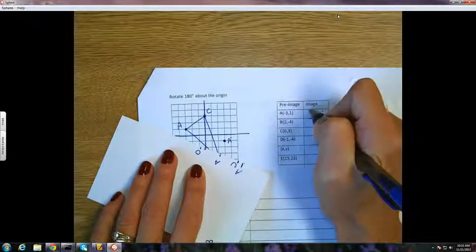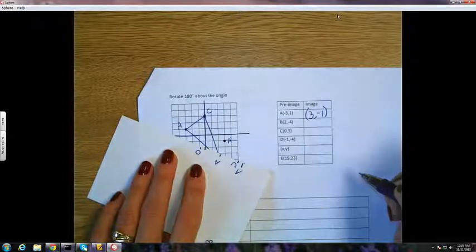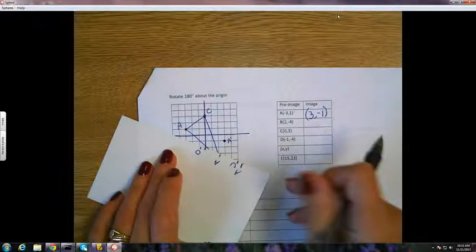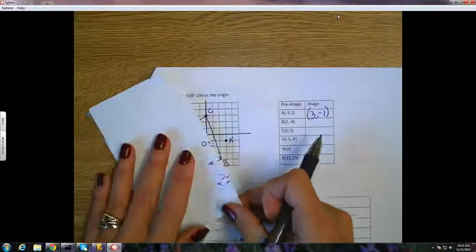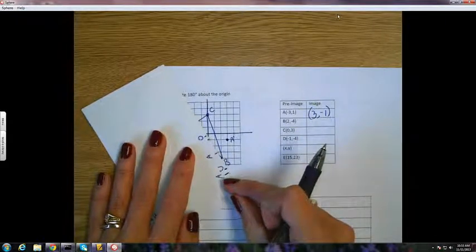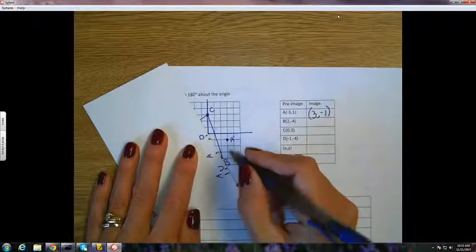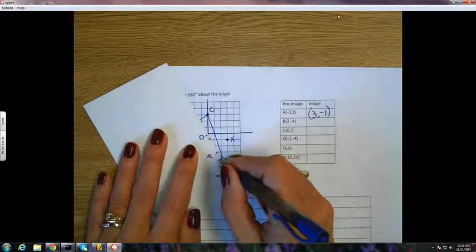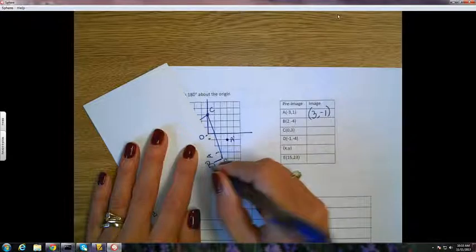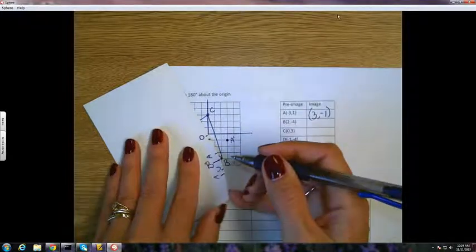Think you got a pattern already? -2, +4. Let's see. B. Origin to B. Getting a lot of lines here. Here's B. I want to see it on the other side.